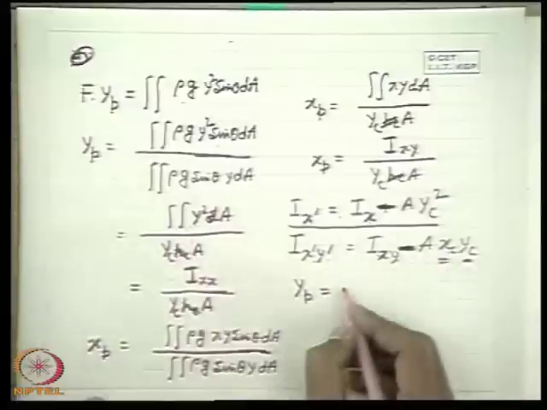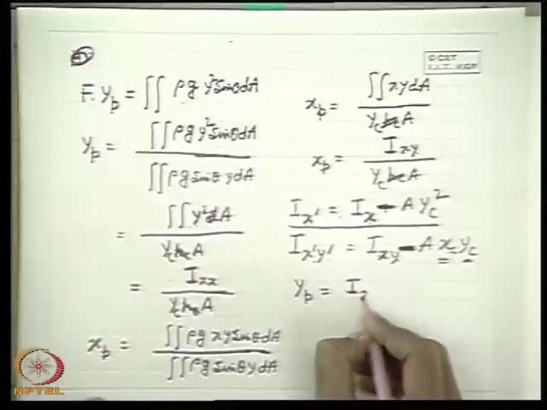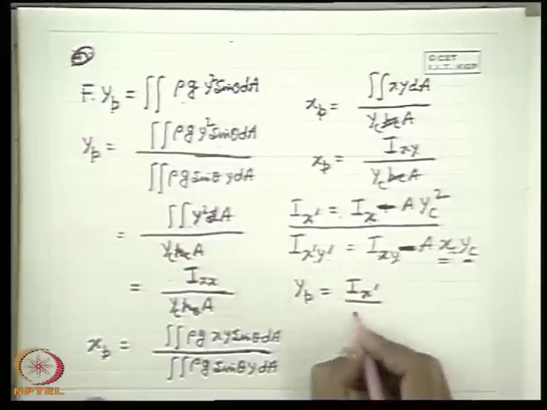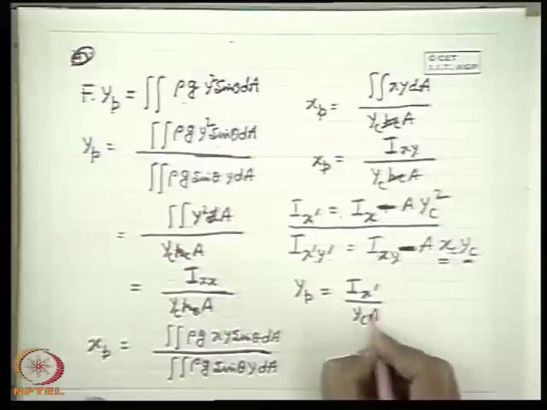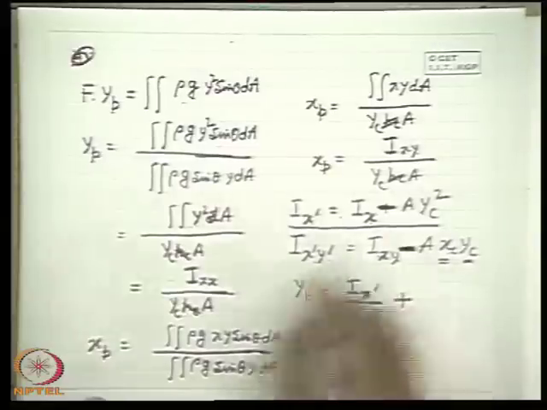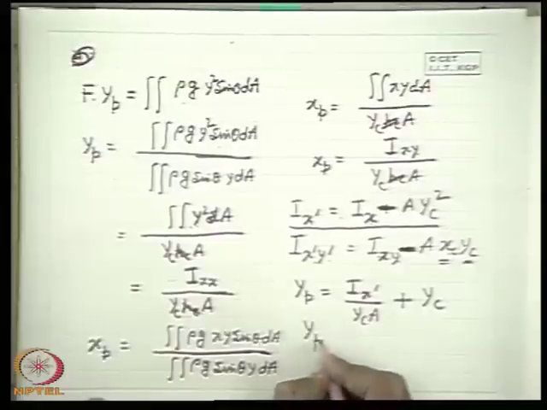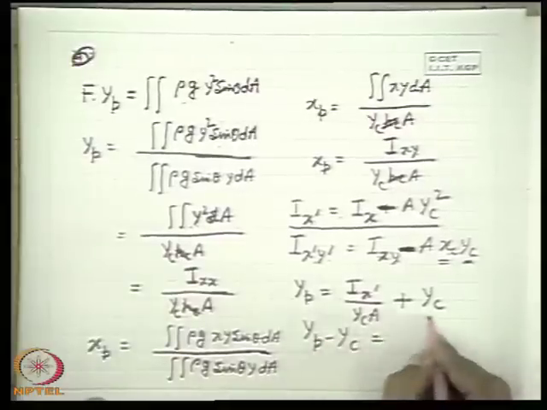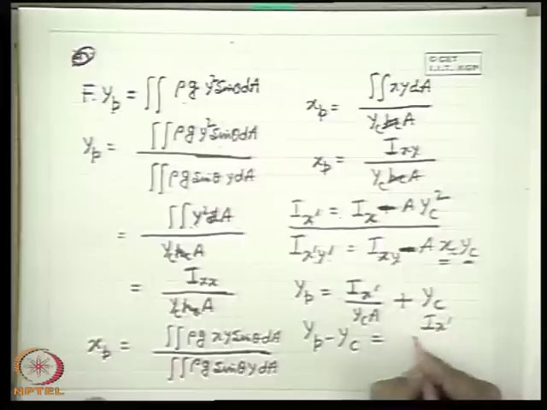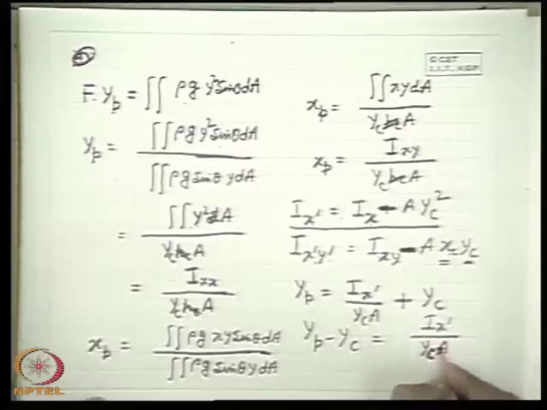So if I substitute here, what will I get? I will get Ix dash divided by Yc A plus Yc, which cancels. So I get Yp minus Yc is Ix dash divided by Yc into A.